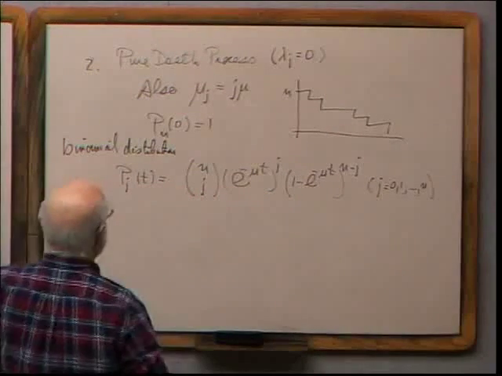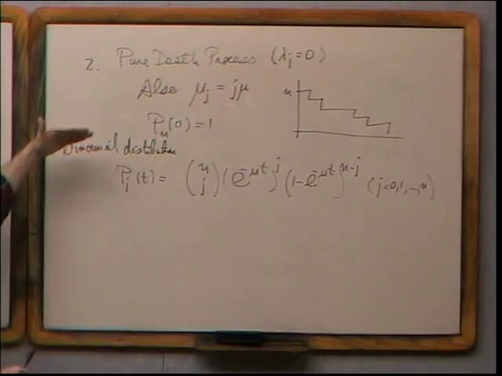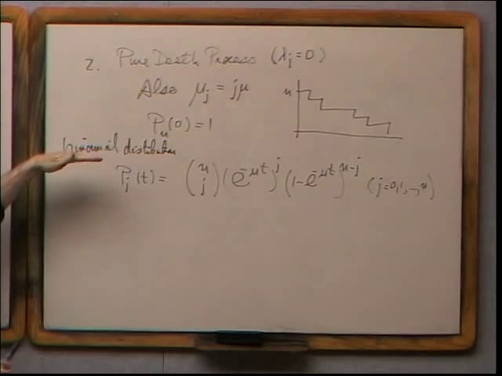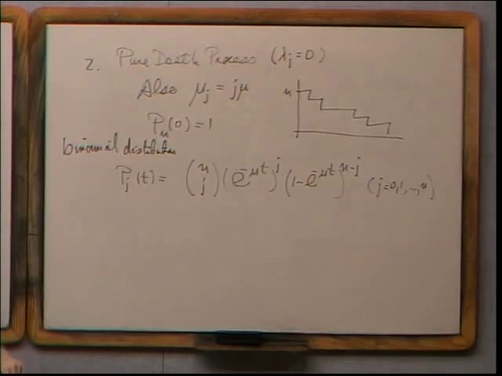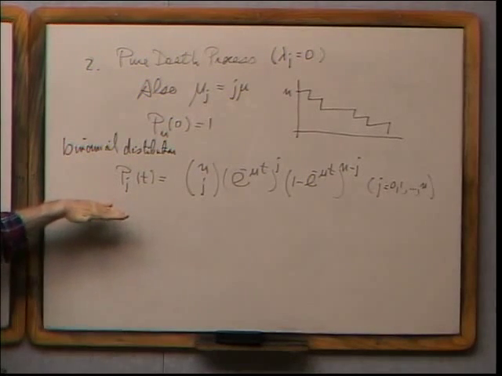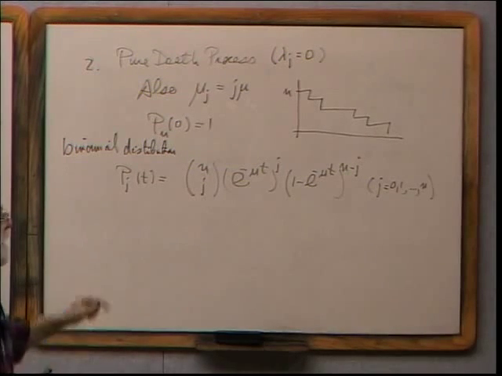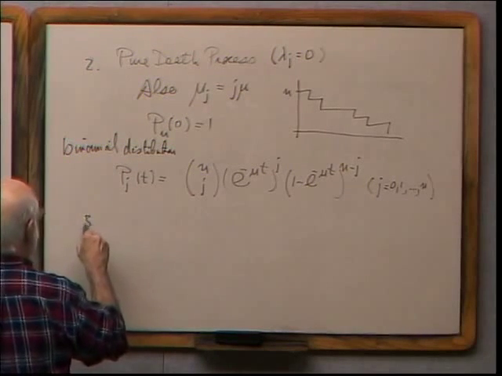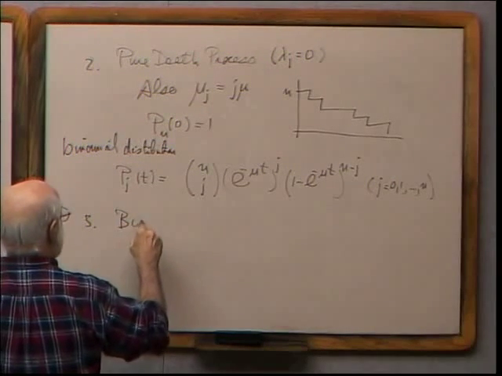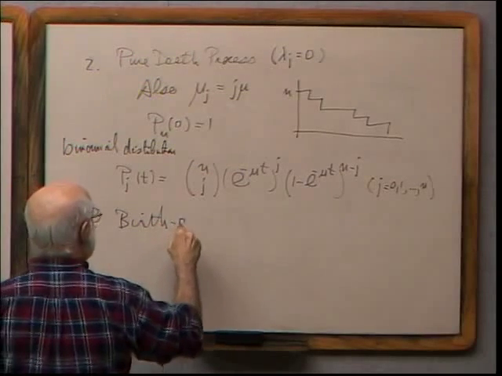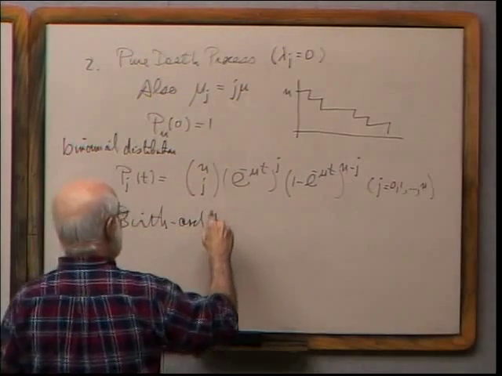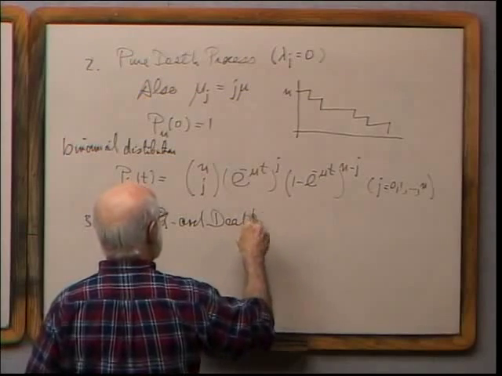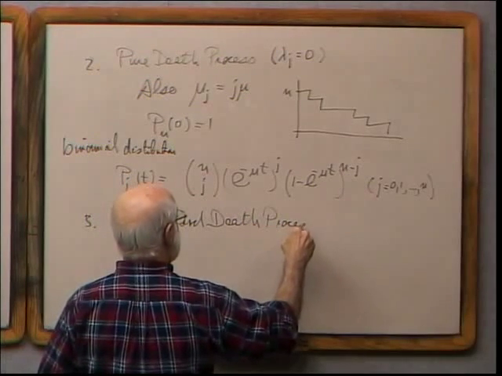We're not done yet because we've only looked at births and deaths separately, but that's what we've gotten here. Okay, so this is what I did last time, and now we want to look at the birth and death process. So now, in one model, the same model, I'm going to allow both births and deaths.